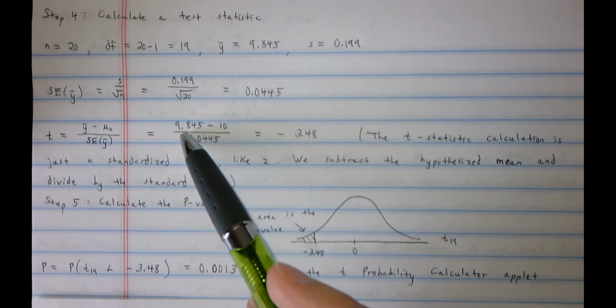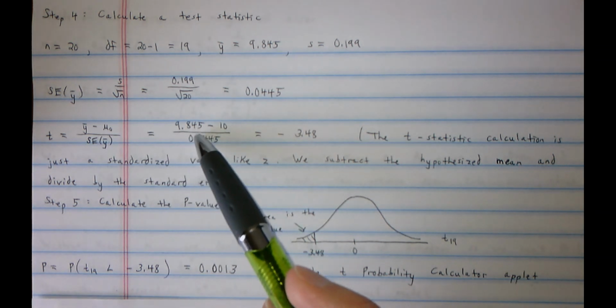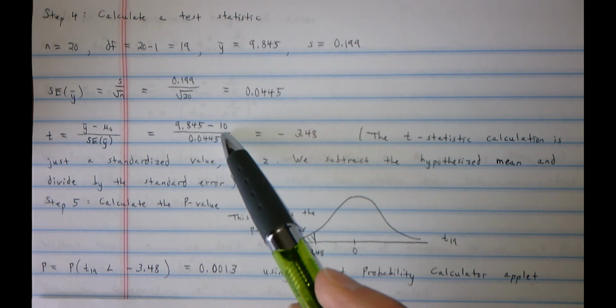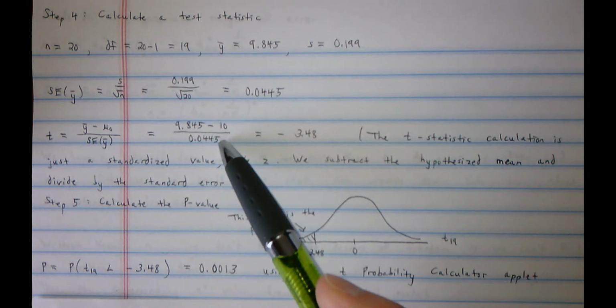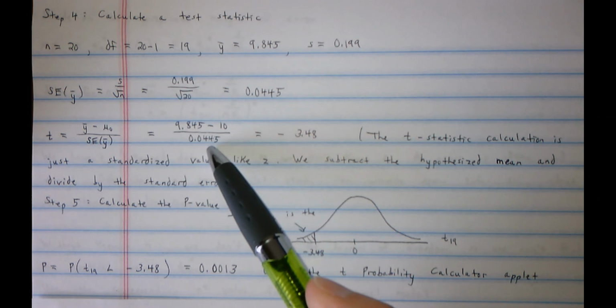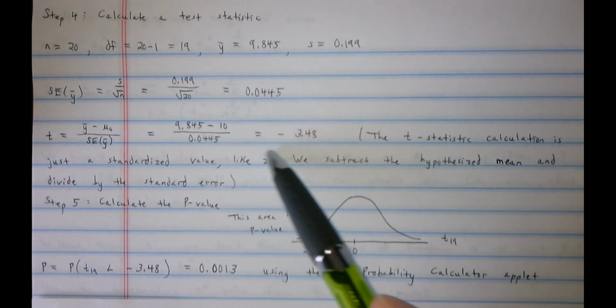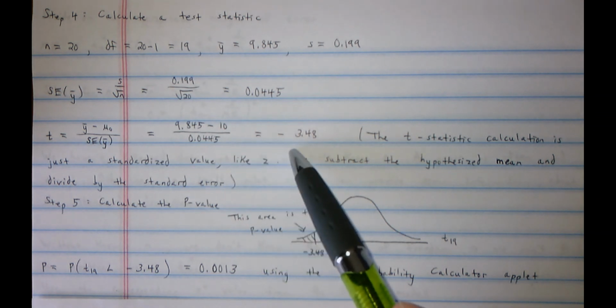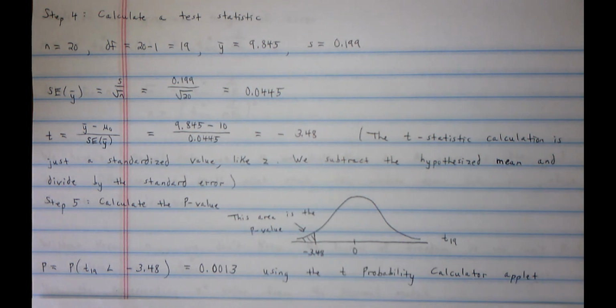Y bar is 9.845, the hypothesized mean was 10, and the standard error is 0.0445, giving us a t-statistic of negative 3.48. And what this says is our observed mean, y bar, is 3.48 standard errors below the hypothesized mean.